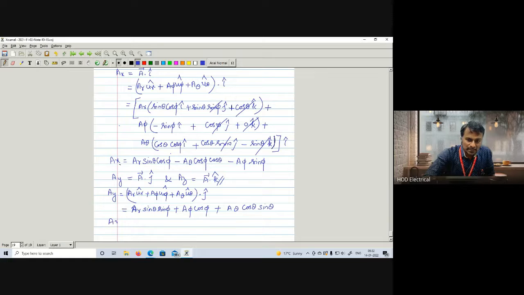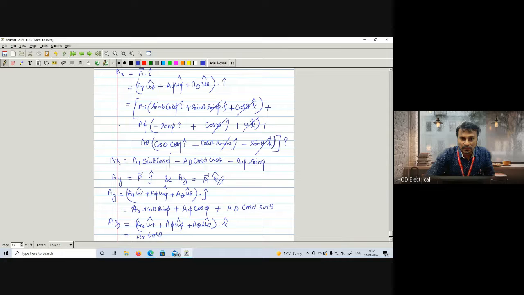Similarly, AZ equals A vector dot K vector. So we know this is AR into UR cap plus A phi into U phi cap plus A theta into U theta cap, dot K. So if you do this, if you substitute all the UR, U theta, U phi, only the K component will come. Therefore, AR cos theta.